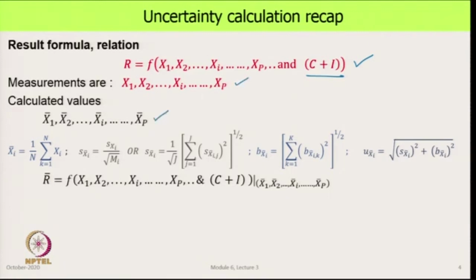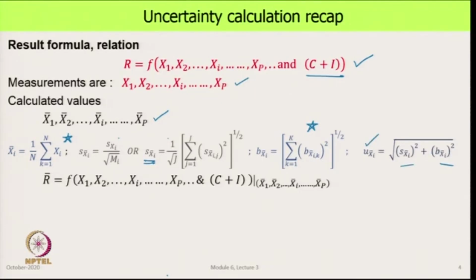From that we calculate the mean values of each parameter, and for that we use this first relation over here. Then with the data that we have, either this method or this method, we can calculate the random standard uncertainty. From this method we get the systematic standard uncertainty, and then by combining these two we get the standard uncertainty in the measurement.